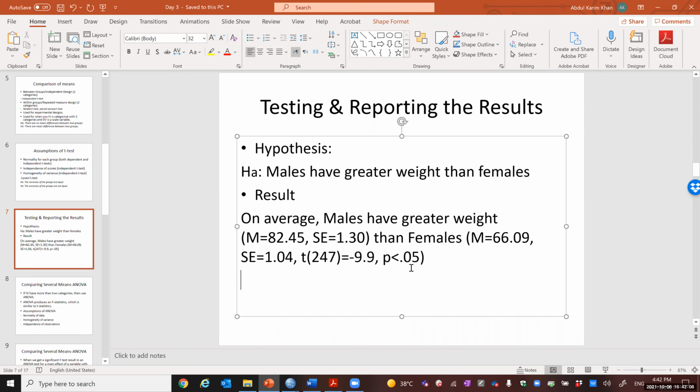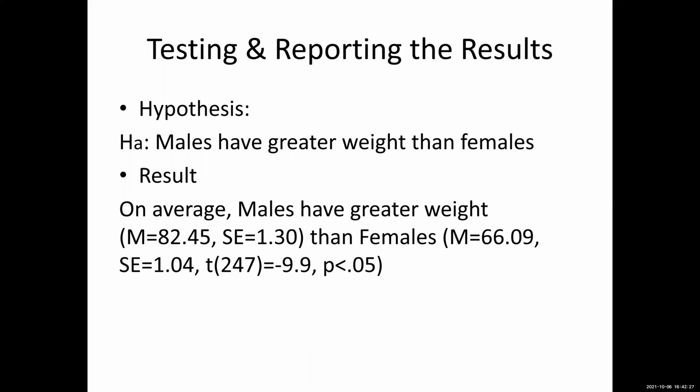So our hypothesis in this case is supported, because we have found that males have greater weight than females, and that difference is statistically significant. Any questions? Okay, great. Moving on.